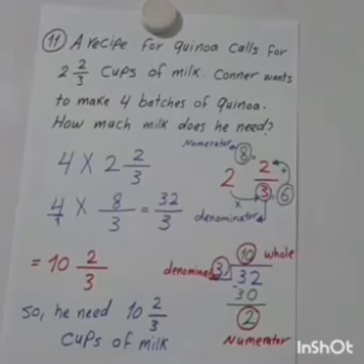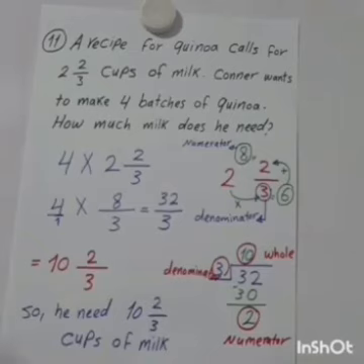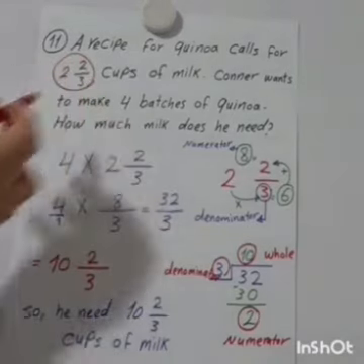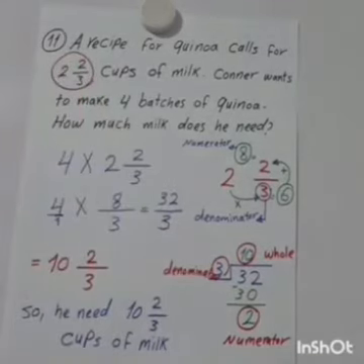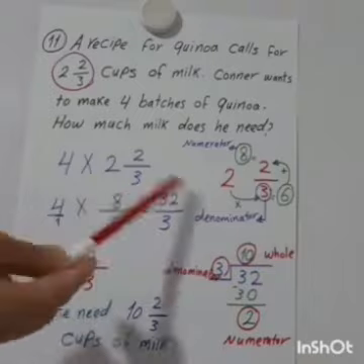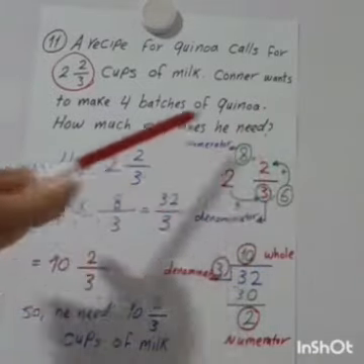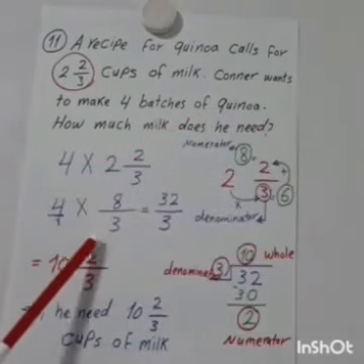So 4 batches times 2 2/3 cups. Okay? Then I will convert the mixed number 2 2/3 to a fraction greater than 1 to multiply first. Then 2 times 3 equals 6. 6 plus 2 equals 8, the new numerator. So it will be 8/3.